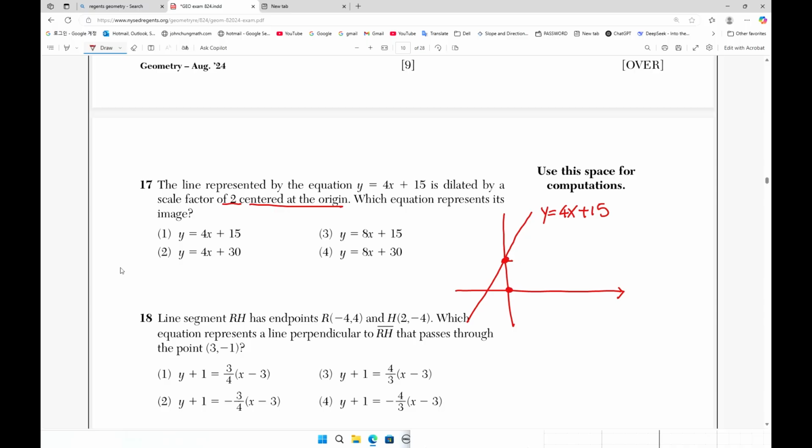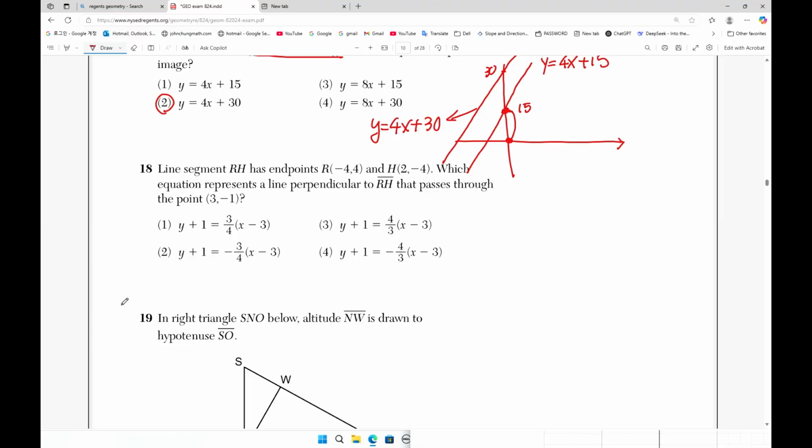You can choose this point. This point is 15. Two times 15 is 30, right? Slope is the same as before. The only difference is the y-intercept is doubled, okay? So y equals same slope, but the y-intercept is doubled, 30, okay? Option 2 is the answer.